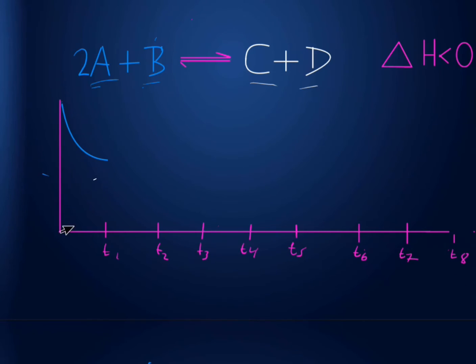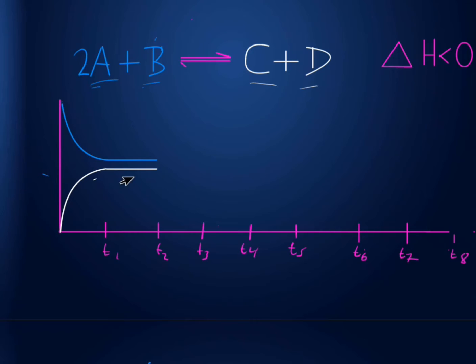We'll have an increase as time goes on, because the reverse reaction is now possible and the products are forming, meaning that the reactants for the reverse reaction now have higher concentration. The higher the concentration, the higher the reaction rate. So something like that, up until a new equilibrium is established.